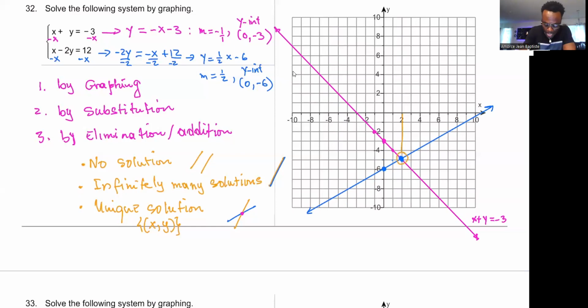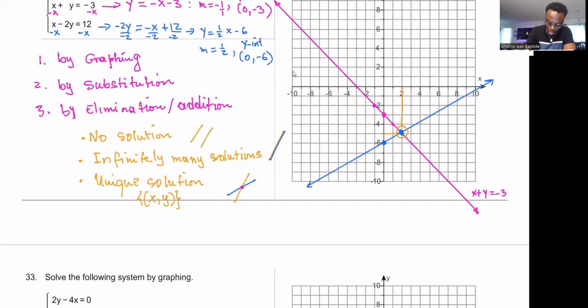So that's the x and that's the y. My solution here is (2, -5).